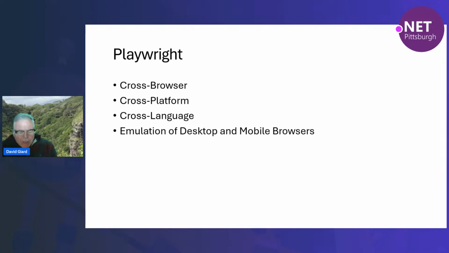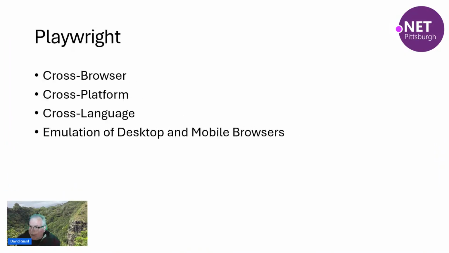It doesn't care what language you've written in. It's not testing the language itself or the code. It's testing the user interface that was generated by that code. It also has support for mobile browsers, the mobile versions of those browsers, as well as the desktop versions. You get to choose which browsers you're going to test in your configuration.